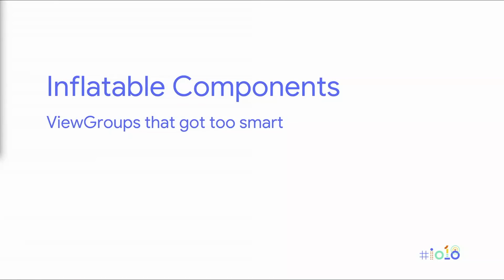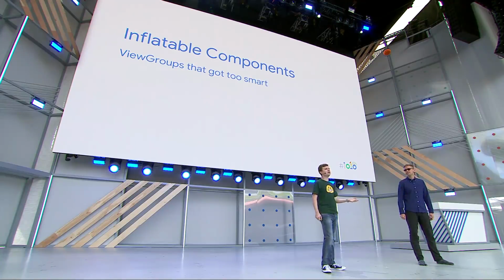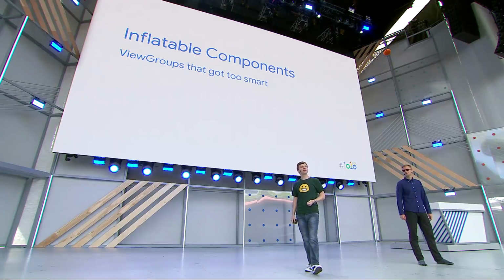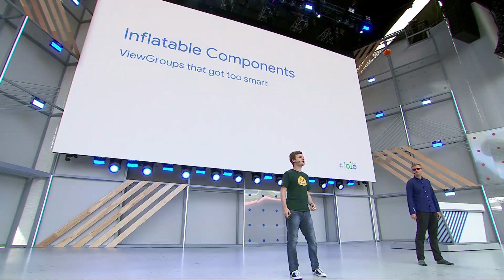So this also brings us to this idea of inflatable components, which is something that comes up quite a bit. Since you can inflate a fragment from a layout, people found out really quickly that you can use a fragment to compose some of your views together and create basically like a custom view, but with a fragment. And really, some of this kind of comes in because people start asking, if this view had a life cycle, I could do something.